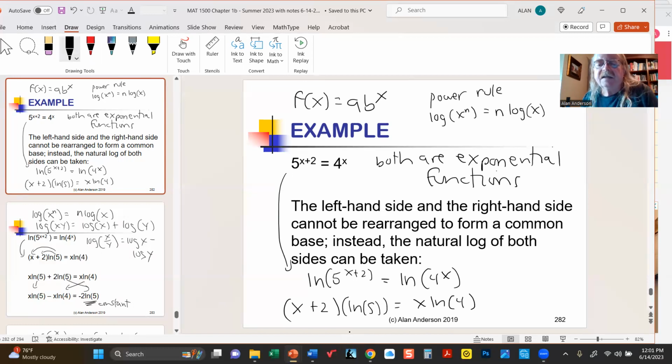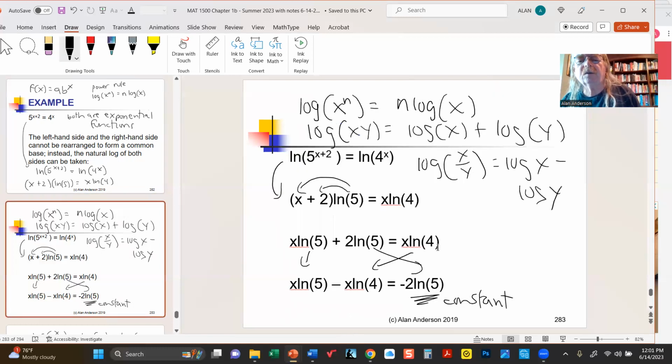Now, it's still a mess, but we're getting closer to being able to solve for it algebraically. So skipping ahead, this is where we were. Up here, I've just reviewed some of the properties that we need. And now I can distribute the log 5 over x plus 2. So I've got x log 5 plus 2 log 5 equals x log 4.